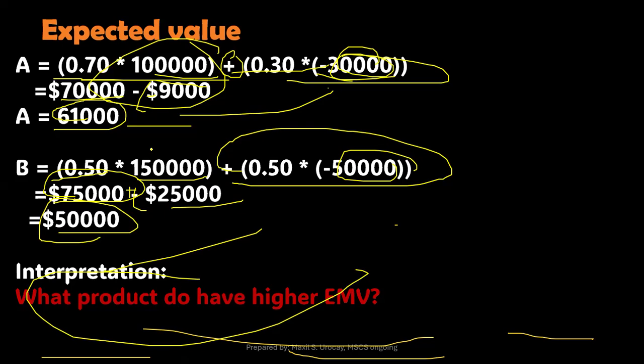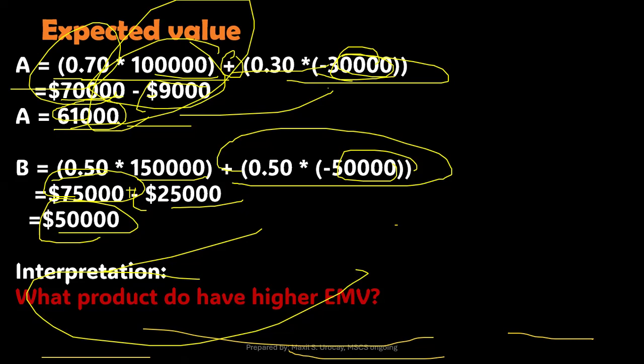So in your problem of deciding between launching the two new products A and B, you should launch option A, since it equates to 61,000 of EMV.